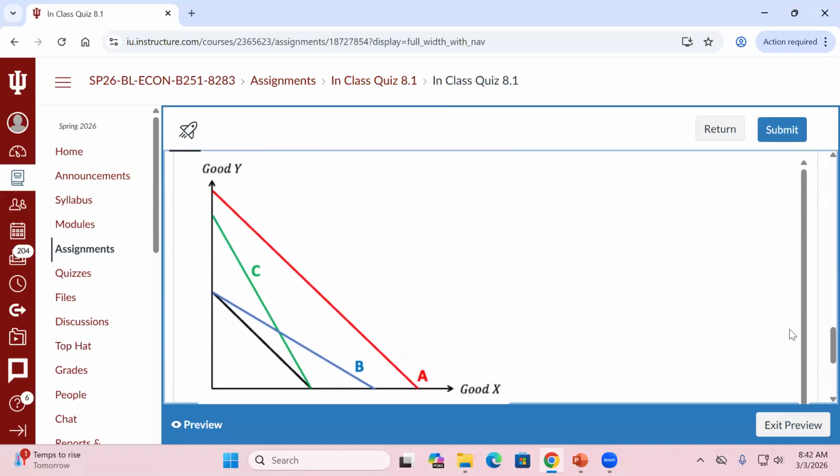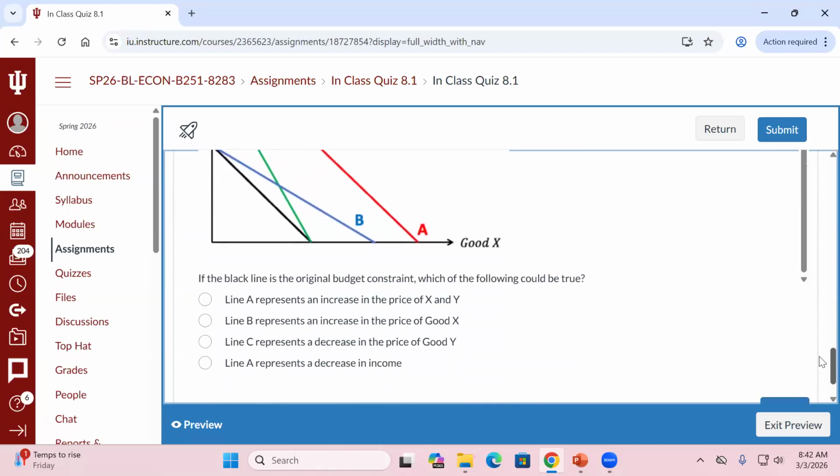Make sure you're hitting the submit button. I have it set to be due at 8:42, so as long as you hit it right now at 8:42, it'll be accepted. We'll talk through some of these together, but hit submit now because our discussion will go past that due time.